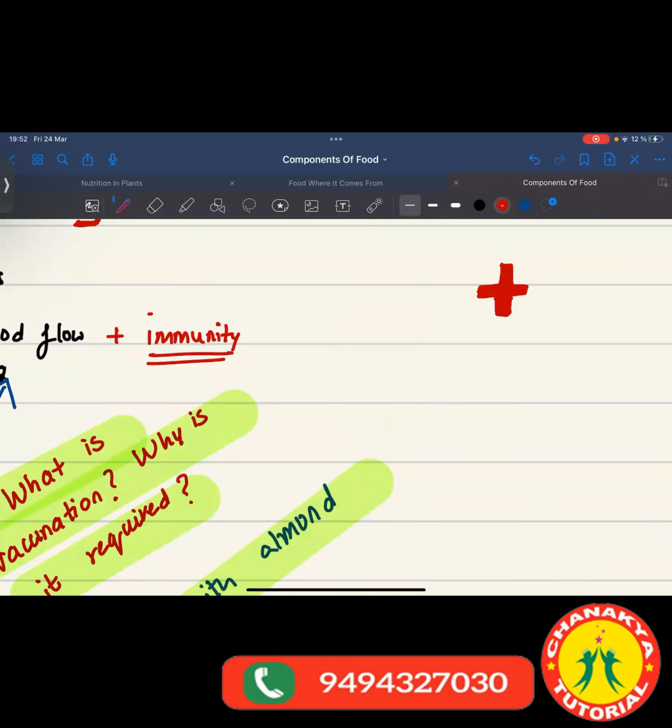Any of you know what roughage is? Ma'am, can I tell the uses of roughage? Okay, tell me. Ma'am, roughage helps in digestion, to remove the waste out of our body.